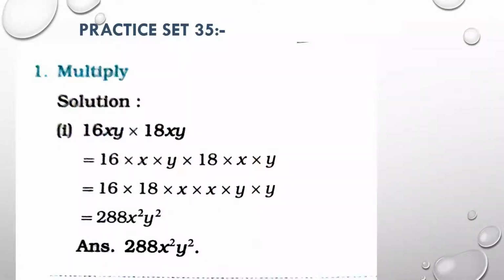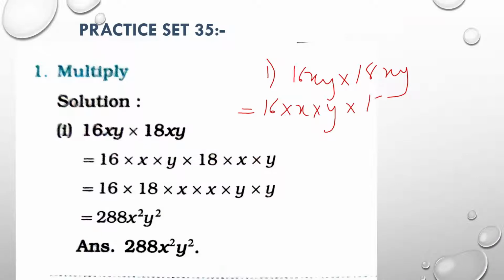Now let us solve practice set 35. Multiply the first one, 16xy into 18xy. First you have to split it out: 16 into x into y into 18 into x into y. Now take coefficients together, 16 into 18, and all like variables together, x into x into y into y.